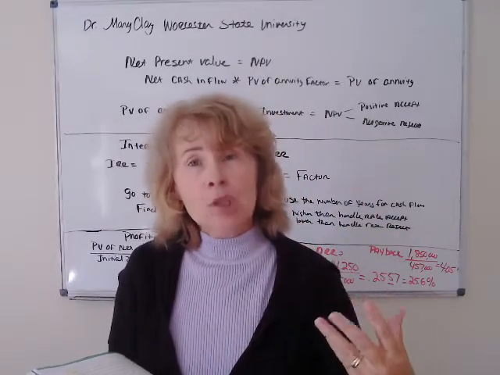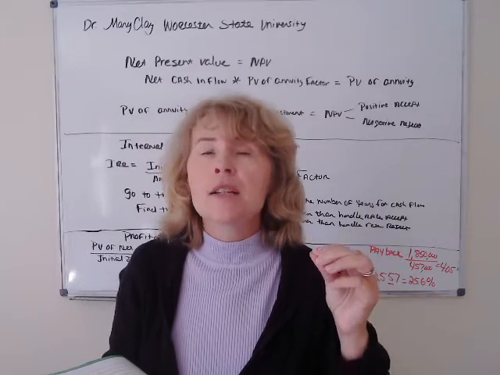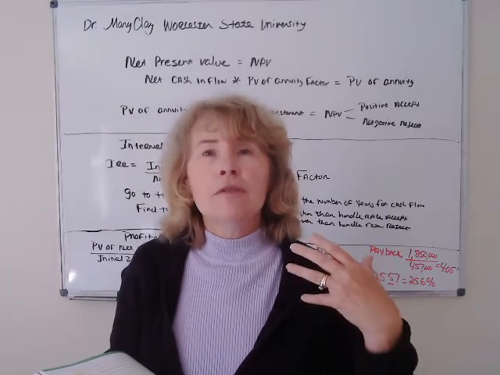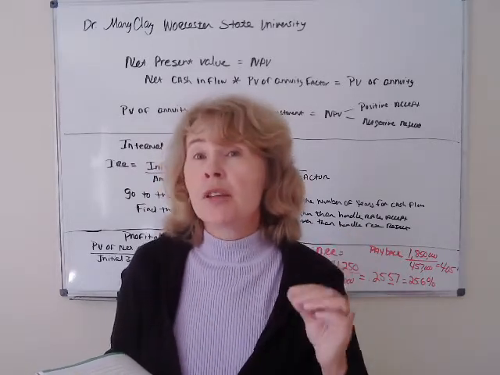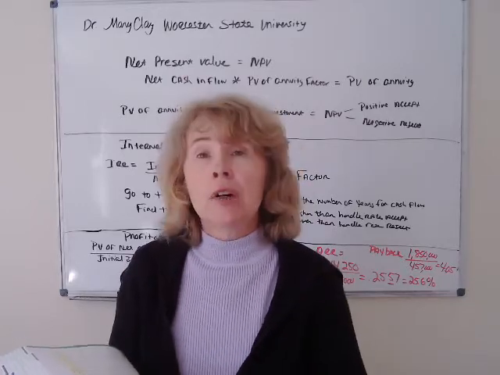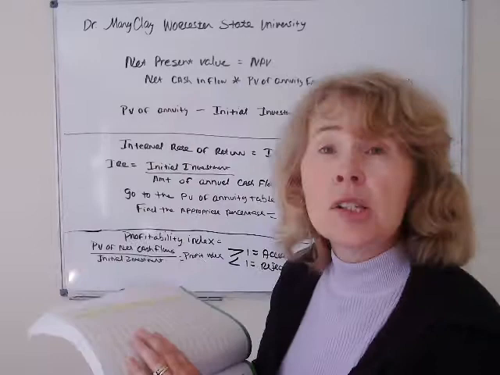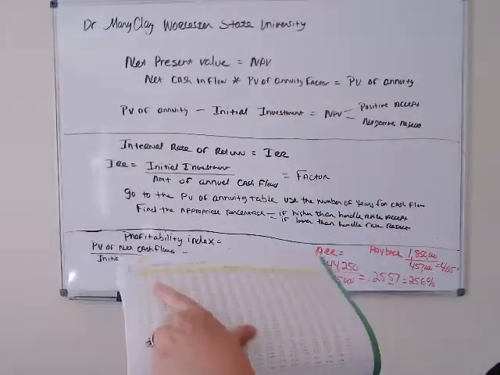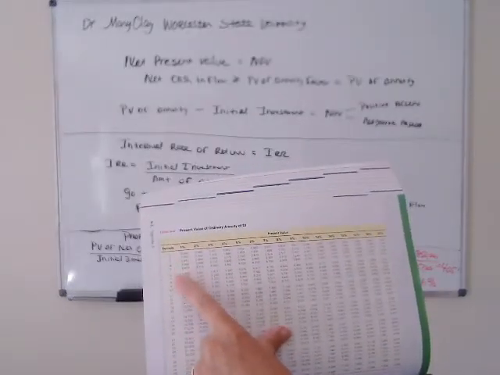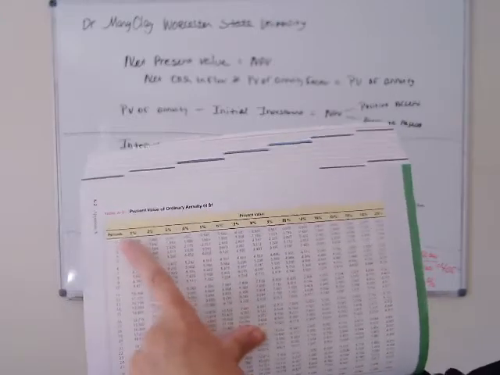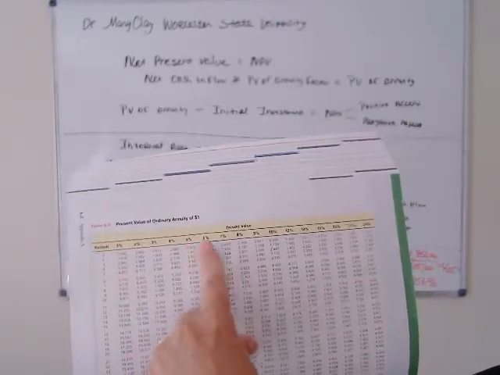When you're trying to figure out the present value of that figure, you use the present value of the ordinary annuity table and multiply by a factor. Again, you'll have the number of periods to the far left, and on the top are the percentages.